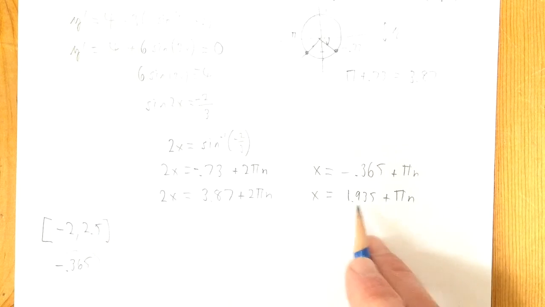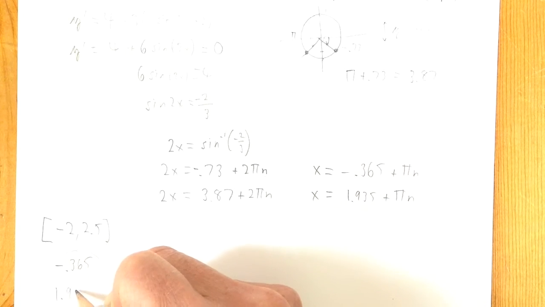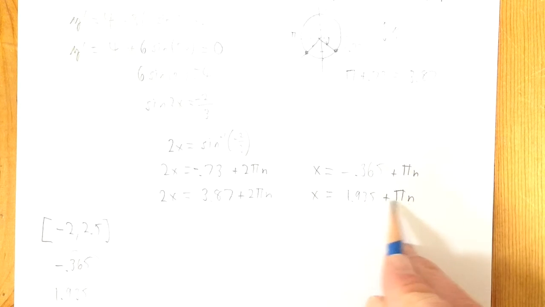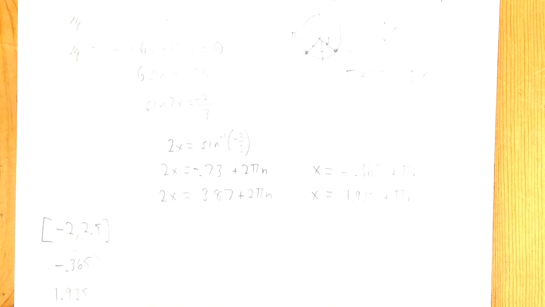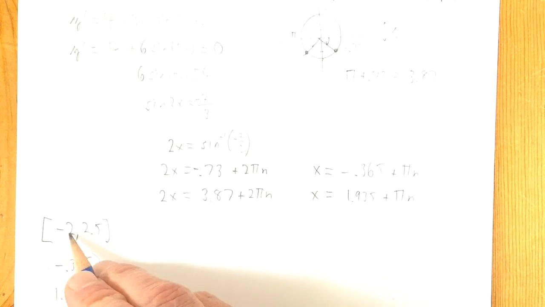How about this next equation? 1.935 works. It's smaller than 2.5. So we know we get 1.935. That's the n equals 0 solution. If we take away pi, 1.935 minus pi is negative 1.2. And that works, that's between negative 2 and 2.5.